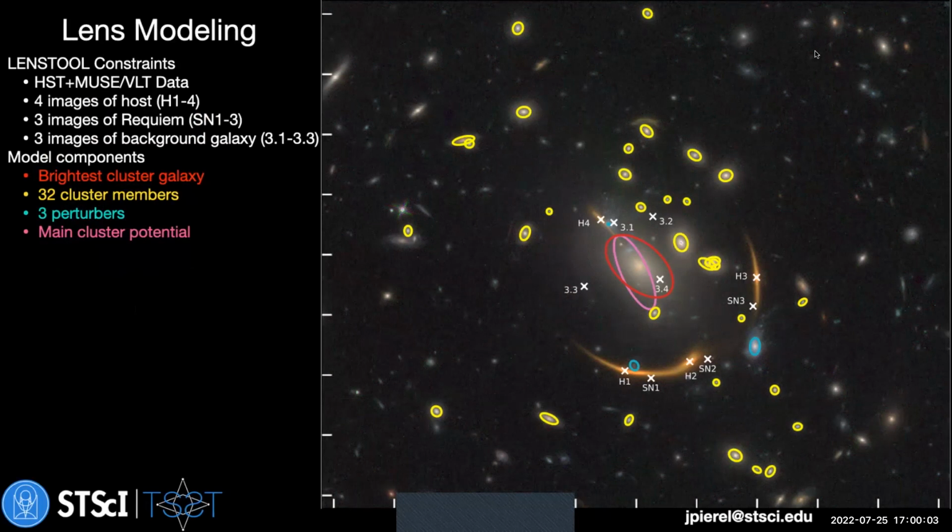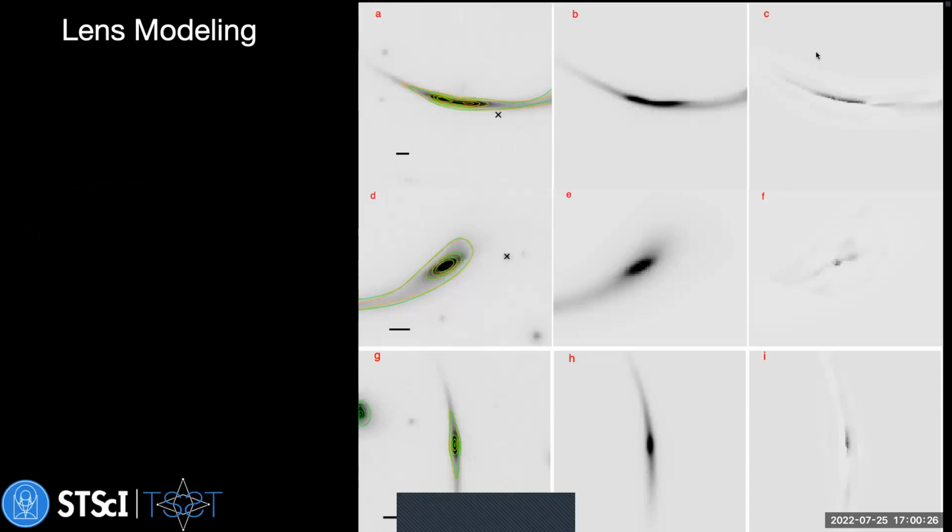So the constraints basically included the images of the host galaxy for the supernova, the location of the supernova itself, and then there were also spectroscopic redshifts for this, whatever this 3.3 galaxy, 3.1, 3.2, 3.3. So this was a 0.76 galaxy. So those constraints basically gave us some models of the three images here.